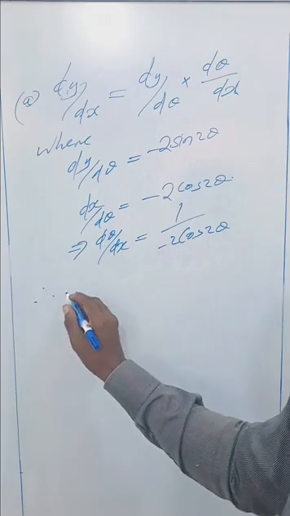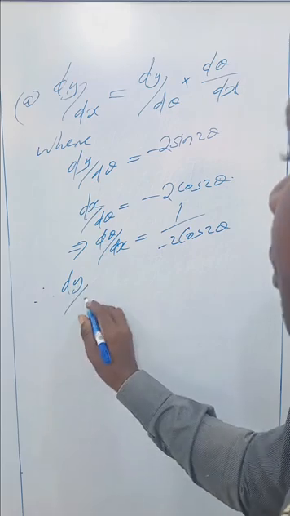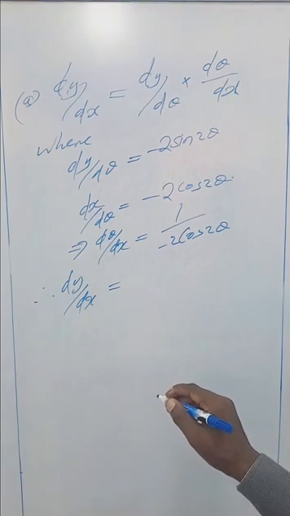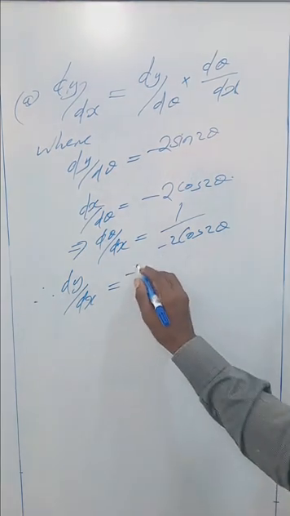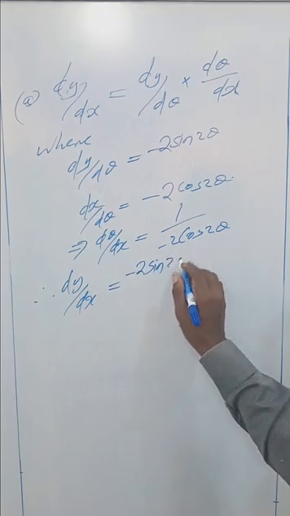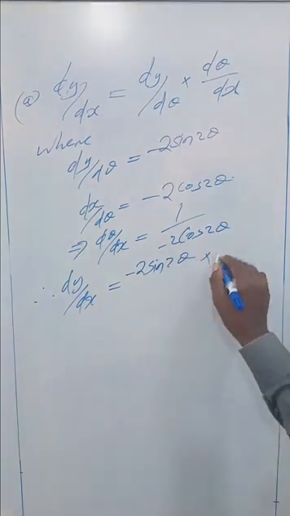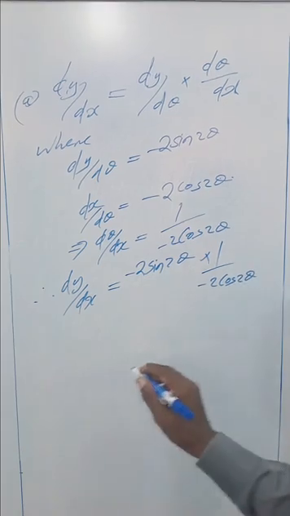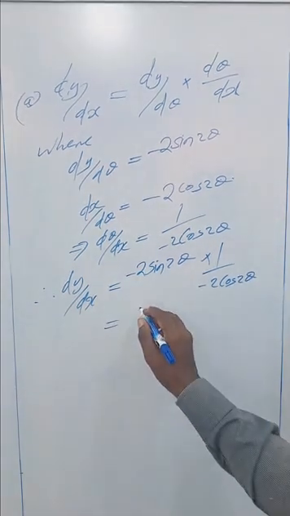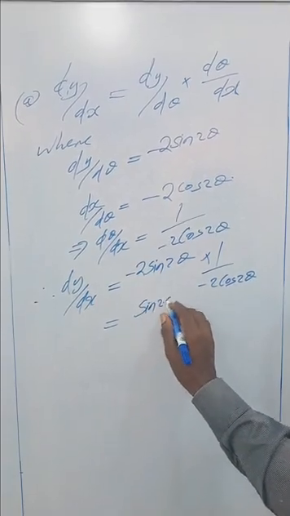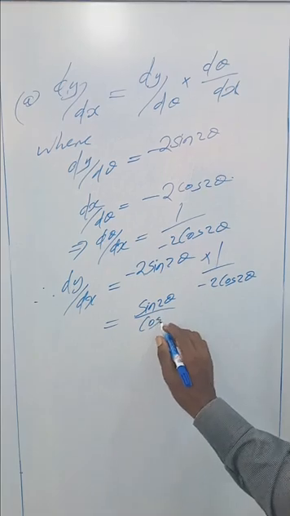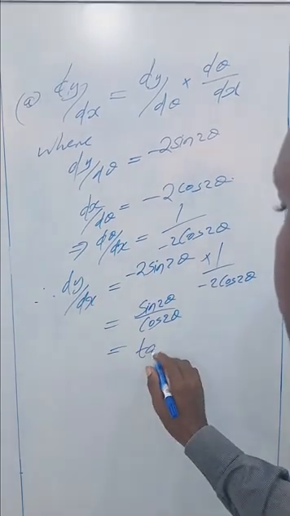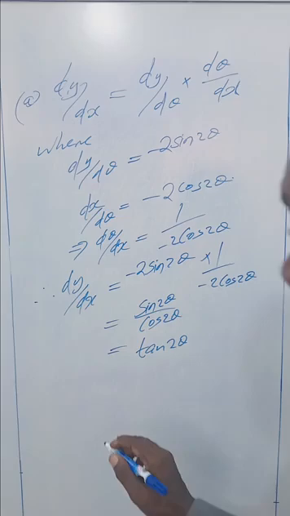So therefore our dy/dx will be equal to dy/d theta, which is negative 2 sine 2 theta, times 1 over negative 2 cos 2 theta, which gives us sine 2 theta over cos 2 theta, which is equal to tan 2 theta.